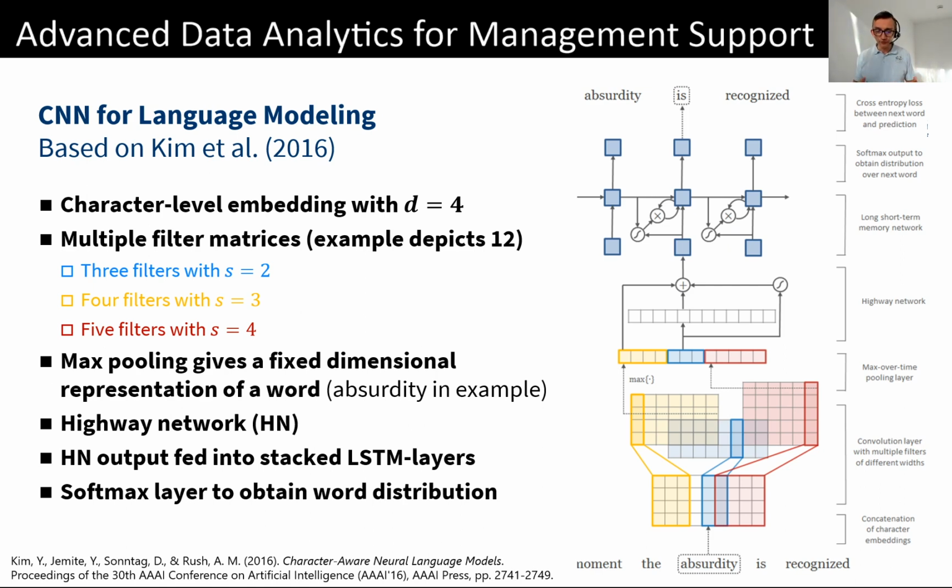He also used filter matrices, multiple filter matrices, different region sizes, as usual. And well, it's not trivial, but with a little time, you can make sense out of the picture and where these different filters come into play. The color coding is going to be helpful.